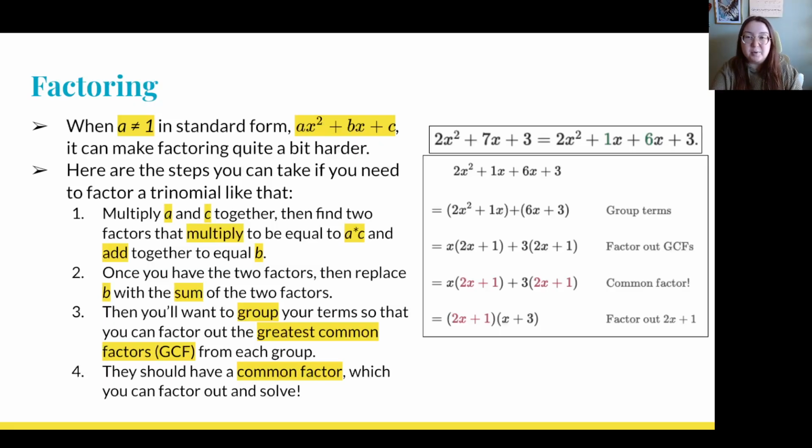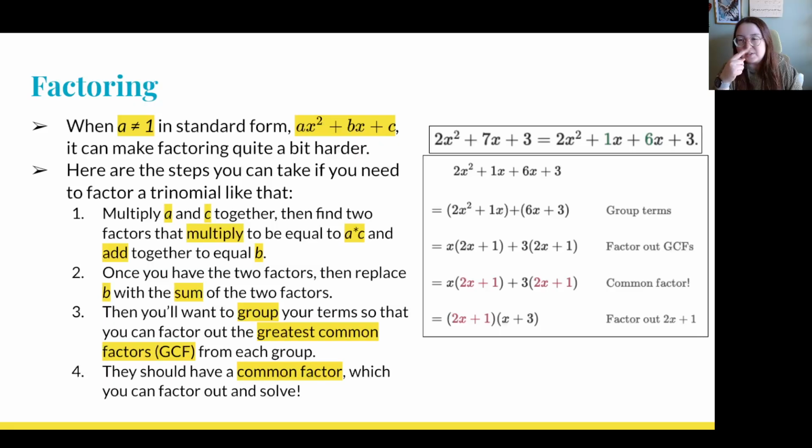Now, the important part, which is step 4 here, is that we should realize that they have a common factor, which we can now factor out and solve. The common factor is what's left over when you factored out your greatest common factors from each of your groups. Once you factored out your greatest common factors, which were x and 3, in both groups we were left with 2x plus 1. So you take out 2x plus 1, that becomes its own factor, and then you group together the 2 coefficients.